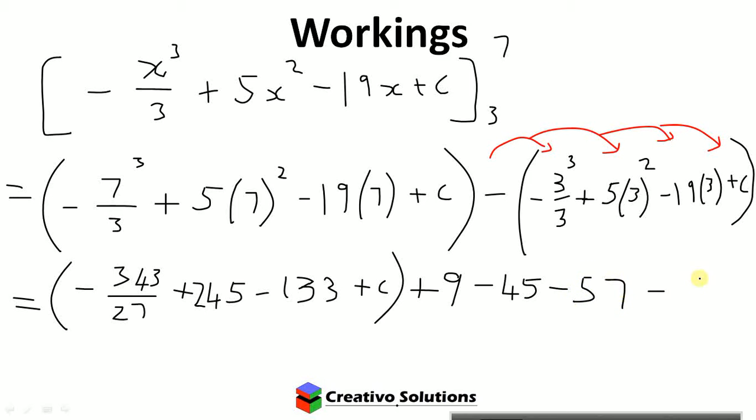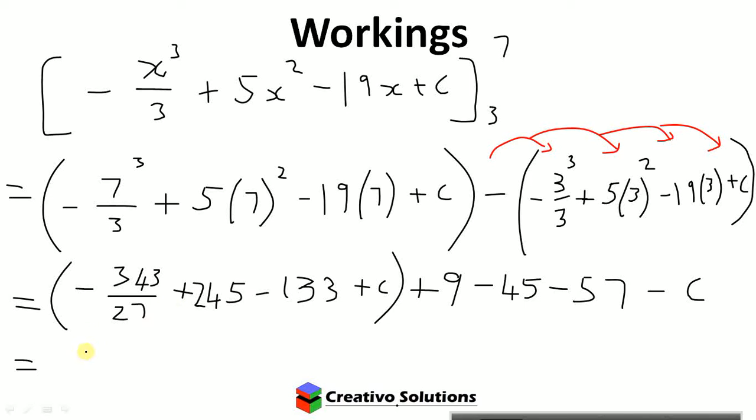Okay, minus C. Right, last step. Add and subtract all the numbers. The C's drop away. So on your calculator, minus 343 over 27, plus 245, minus 133, plus 9, minus 45, minus 57.